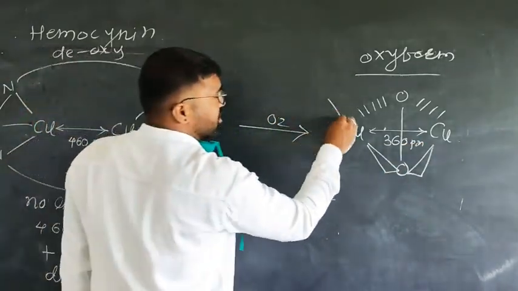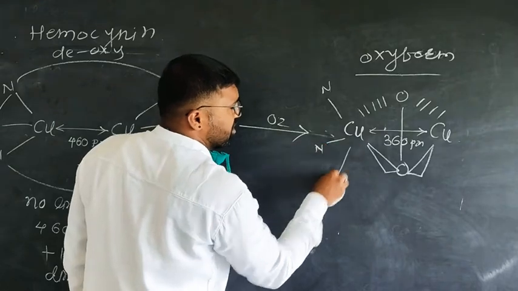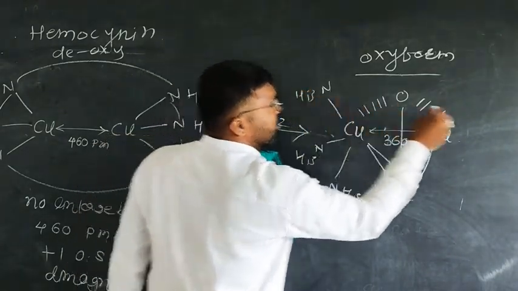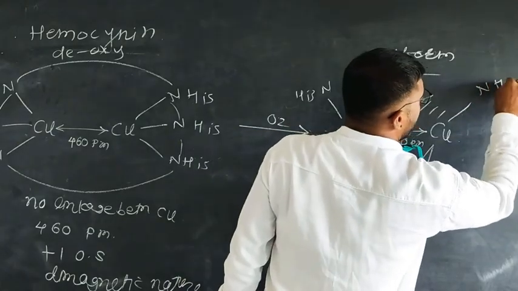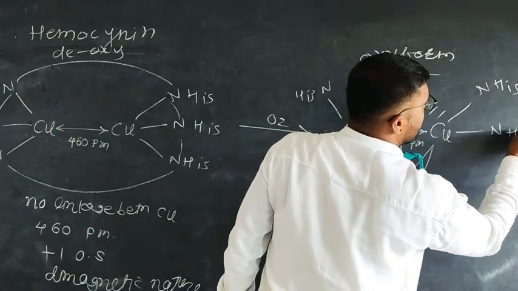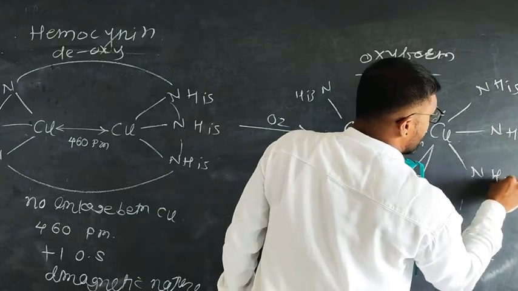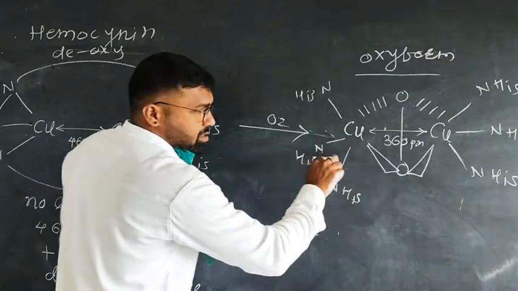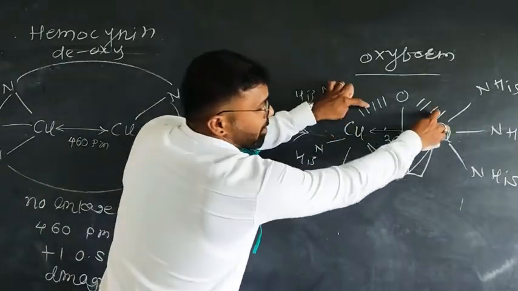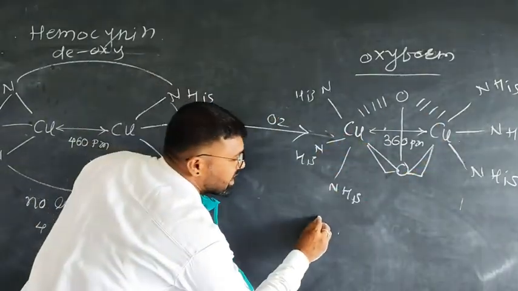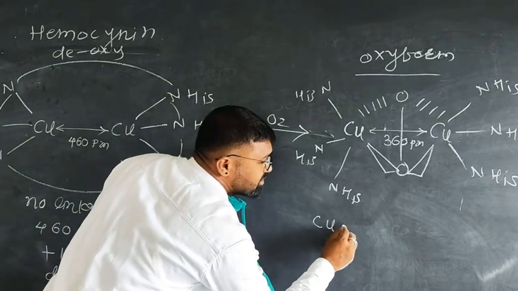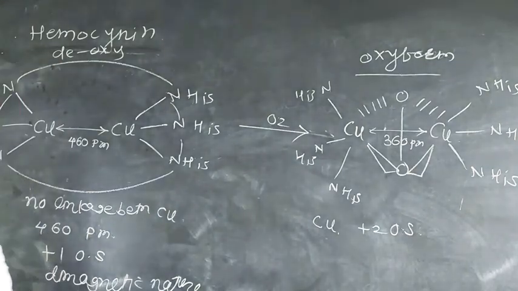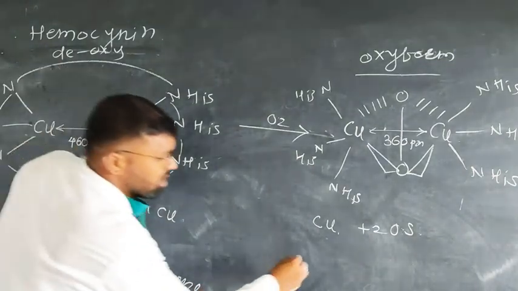The remaining part is the same. This is nitrogen of histidine, histidine, histidine. Right. What are the features now? Here the oxygen forms a complex with both coppers, therefore the oxidation state of both coppers changes from +1 to +2. Both coppers are in the +2 oxidation state, right.